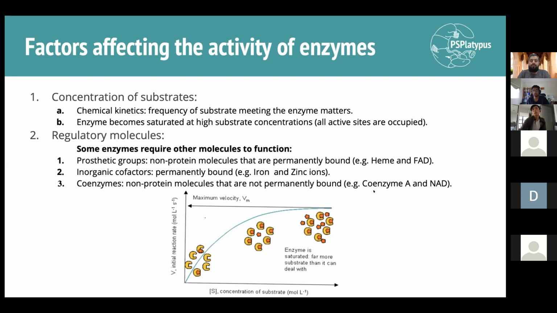You don't need to memorize all of them, just understand that some enzymes require these regulatory molecules to function. So we have prosthetic groups, inorganic cofactors, and coenzymes. The first two are permanently bound to the enzymes. However, coenzymes are not permanently bound. Prosthetic groups and coenzymes are non-proteins, and inorganic cofactors are proteins. Sorry, also all of them are non-proteins.